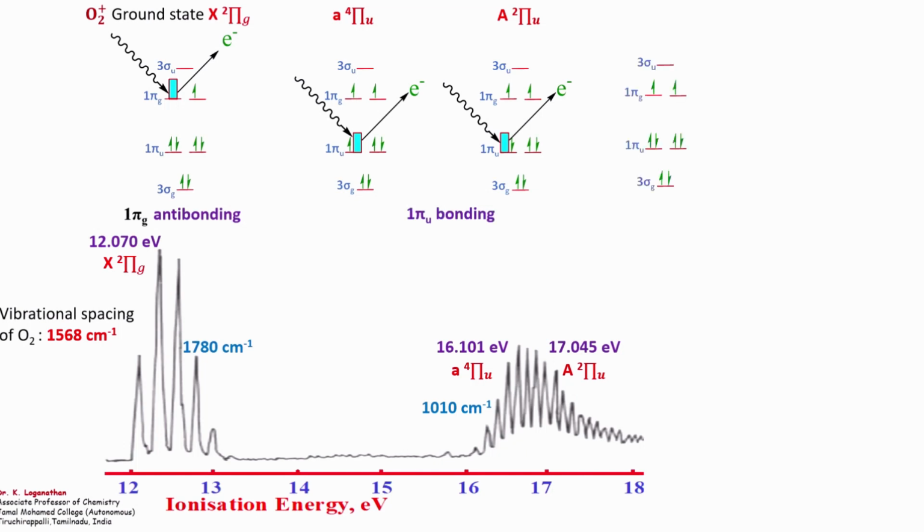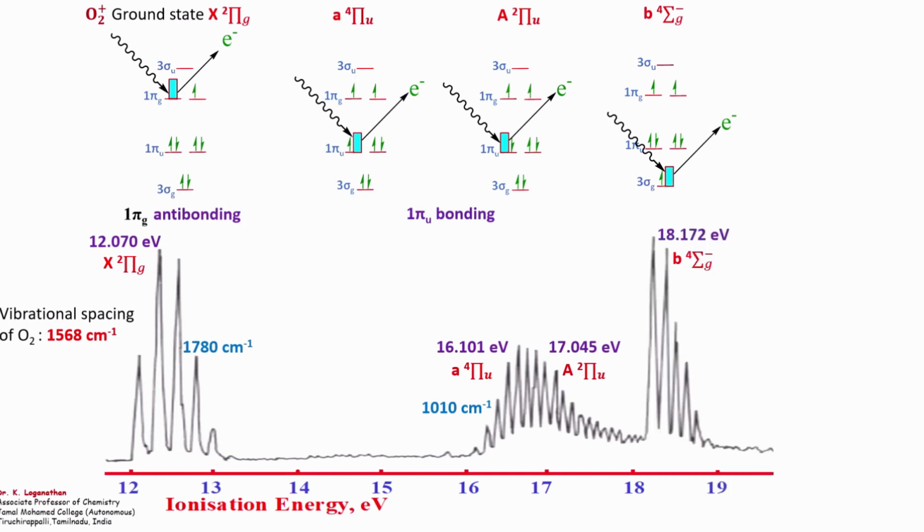Similarly, when an electron is removed from 3σg orbital, it results in two ionic states. When spin down electron is ionized, it results in lowercase letter b ⁴Σg⁻ ionic state and gives a signal at 18.172 electron volt with vibrational spacing 1090 centimeter inverse.